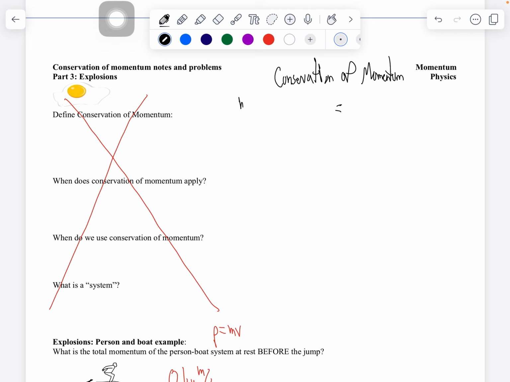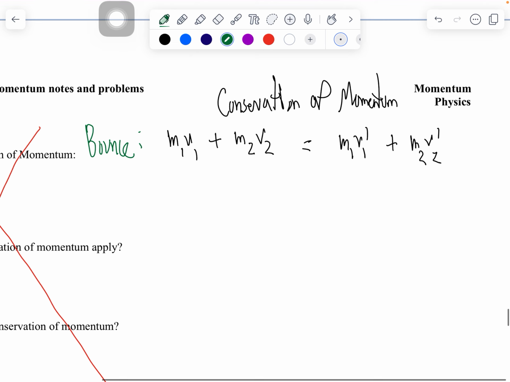So that gives you the momentum of the objects added up, m1v1 plus m2v2, assuming you have 2 objects, equals m1v1 prime plus m2v2 prime. This is for a bounce collision, but it's the foundation of all conservation of momentum. When objects bounce off each other, you just use this equation and solve. Plug in your masses, plug in your velocities.